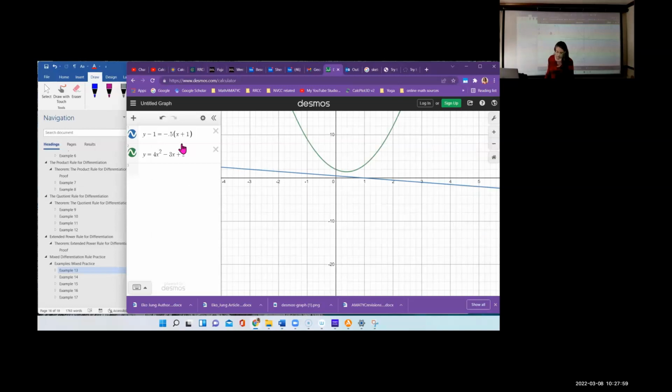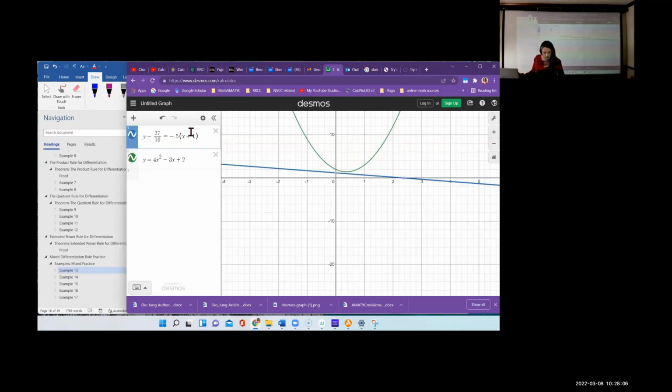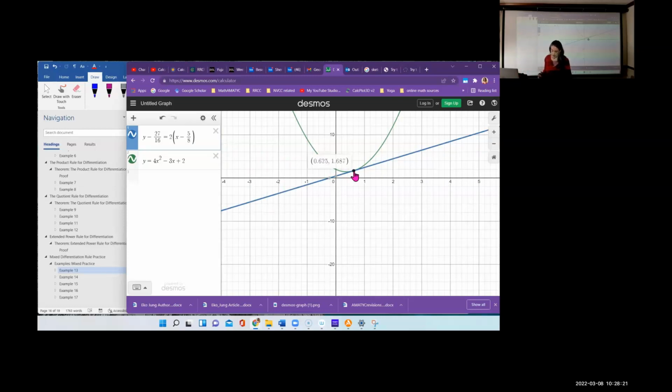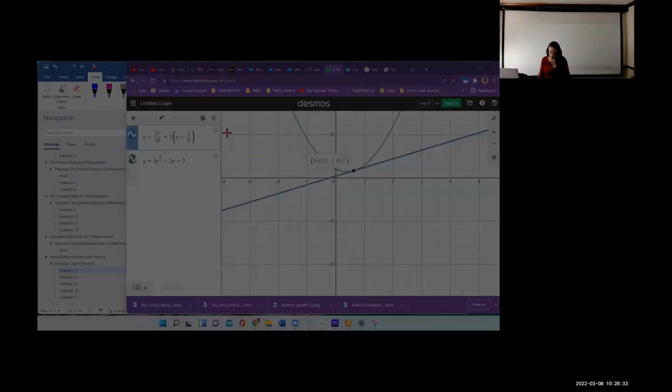Yes. And my x was 5/8, minus 5/8. And I believe my slope was a 2, was it not? I wanted the same slope as on that line. And there's the point right there. All right, 5/8 is 0.625, so I know I've clicked on the right spot there. And then we can take a picture of it and add it to our notes.